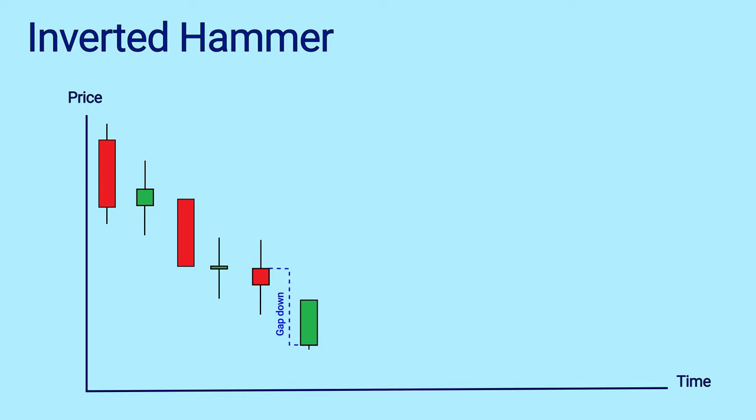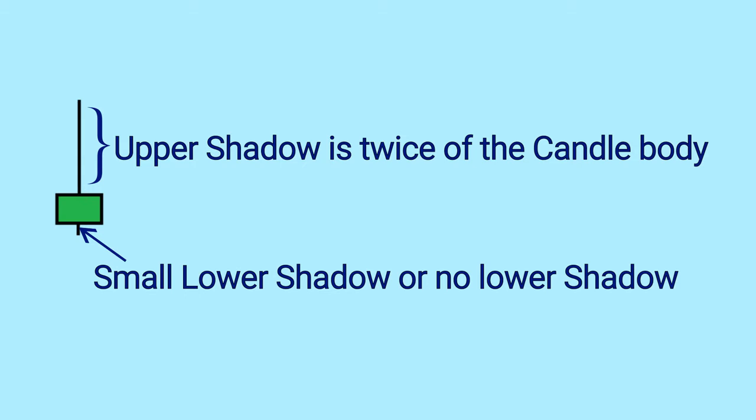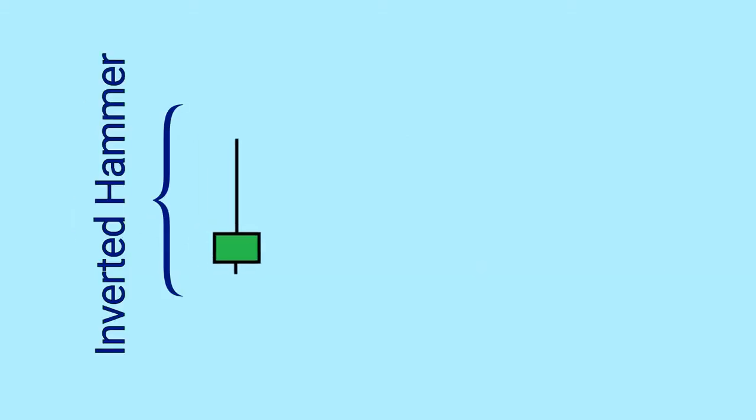But at the top end of the day's range, the bears again take control and push price lower, though they are unable to push price much lower than the opening price. So we have a candle whose upper shadow is at least twice the length of the body, and there should be almost no or a very small lower shadow. Such a candle is called the inverted hammer.